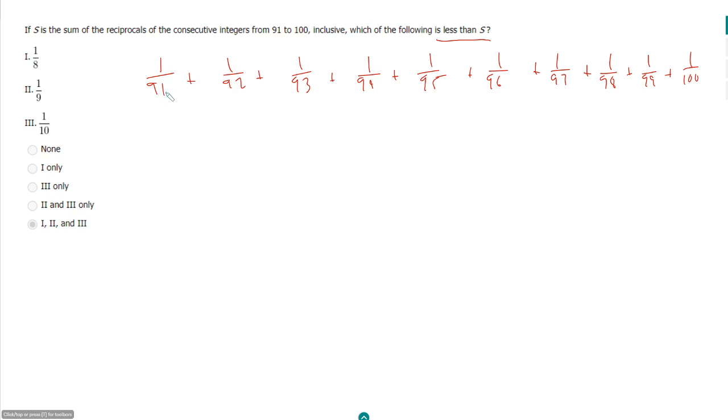If I wanted to arrange this set in ascending order, which I usually like to do, it would actually be the reverse of this, because 1 over 100 is the smallest number in our set. 1 over 91 is actually the biggest, because we're dividing by the smallest number here. So I'm going to flip this.